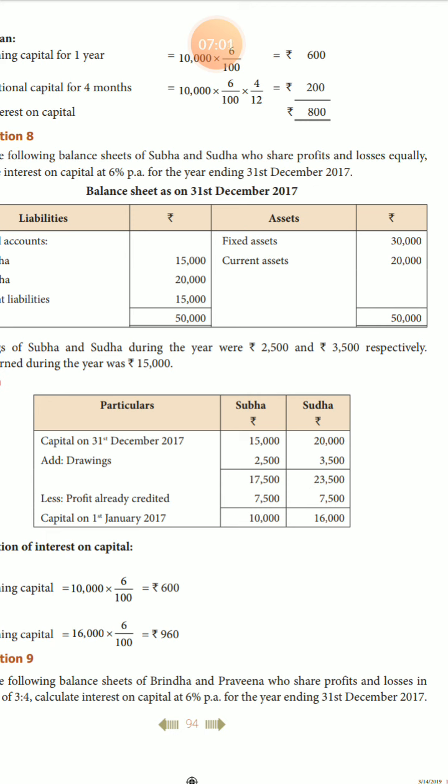Now the calculation of interest on capital. Listen, students. For Subha, how much is the opening capital?